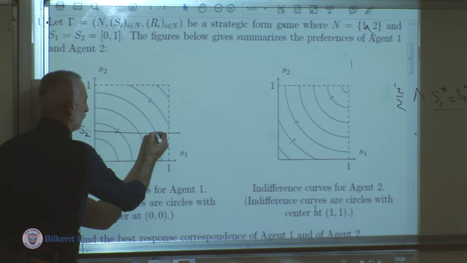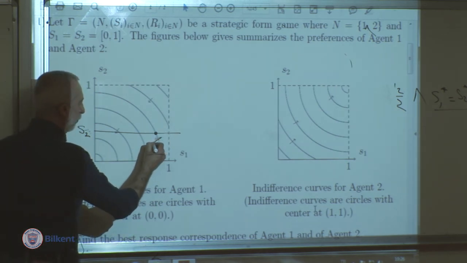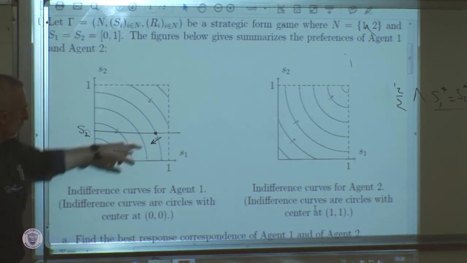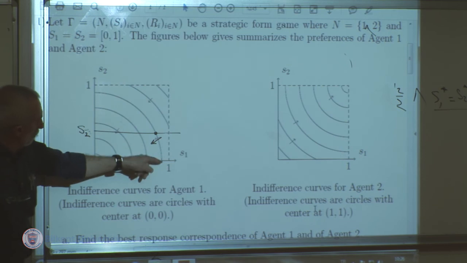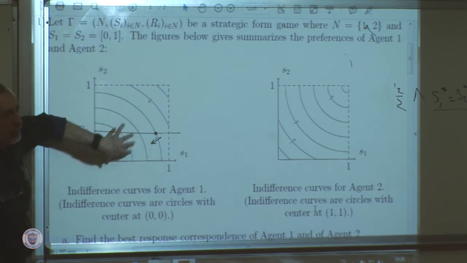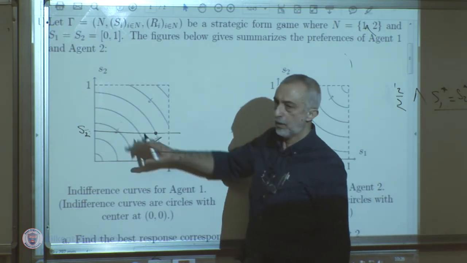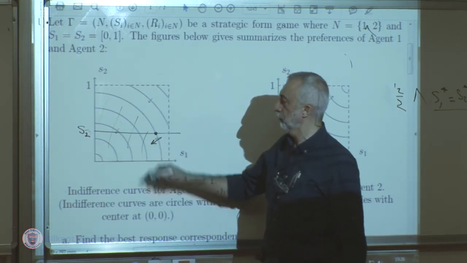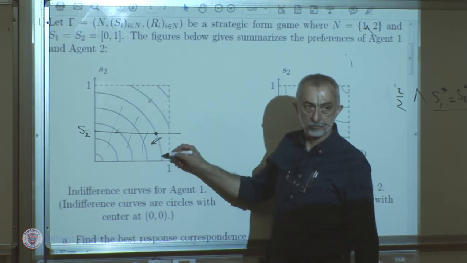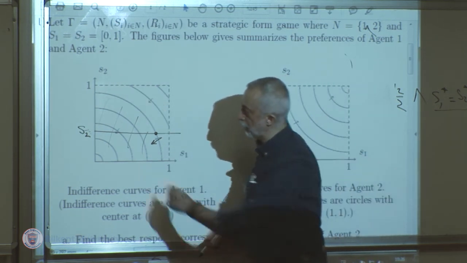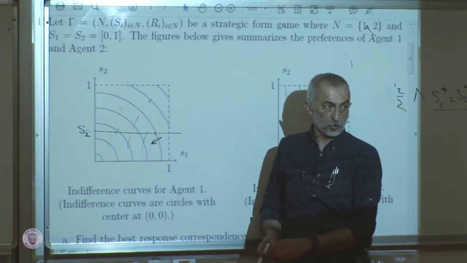So this point cannot be a most preferred point because when you look at the direction of the arrows, anything inside the arc, anything to the left, down, anything in this region is preferred by agent 1 to anything on this indifference curve. So it means that all these points are preferred to this point. So this point cannot be a best response.